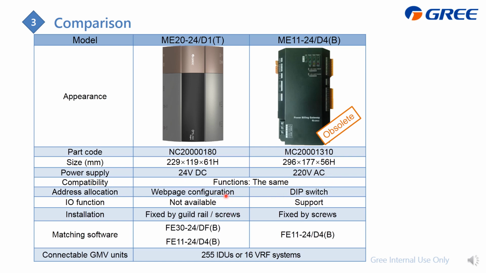And the next is adjusting the settings for the different gateways. For the new one, you need to confirm or change it from the web page. For the old one, it is only by this switch setting. And as for the upper limit of the GMV units, it is the same.